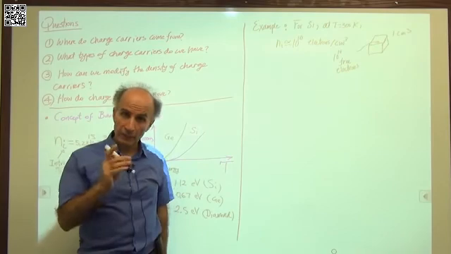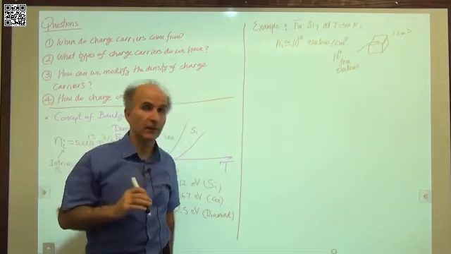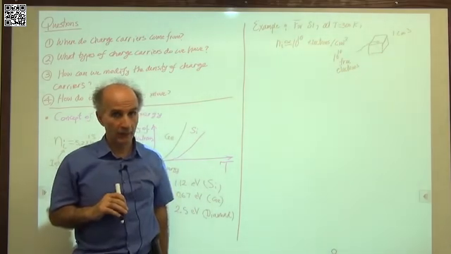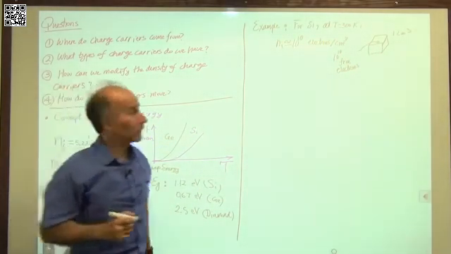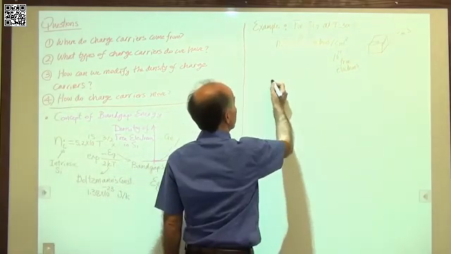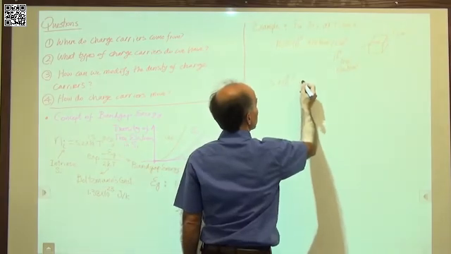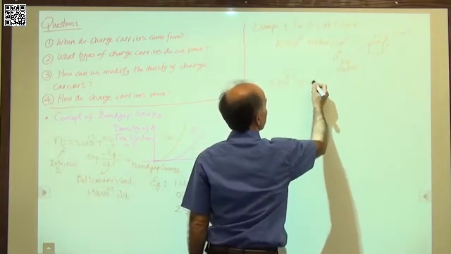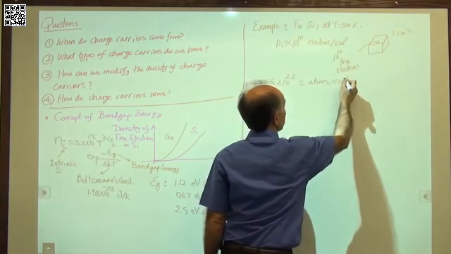Well, we have to remember how many atoms of silicon we have in 1 cubic centimeter. And that number is the following. So 5 times 10 to the 22 silicon atoms per cubic centimeter.